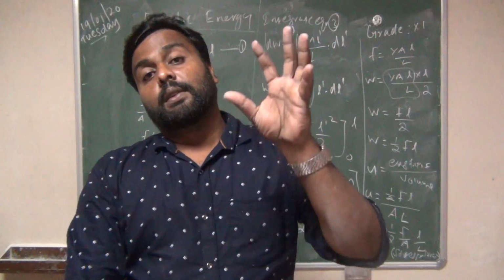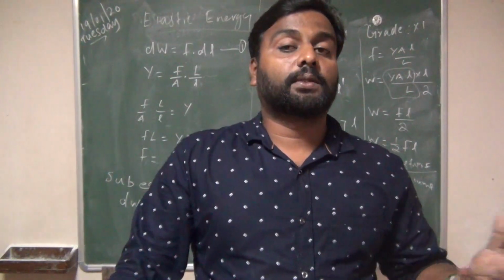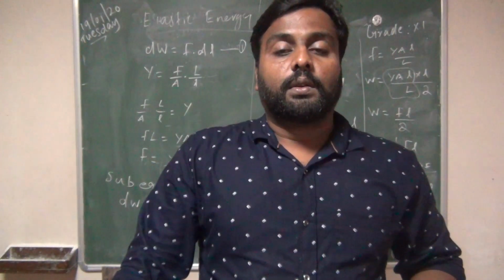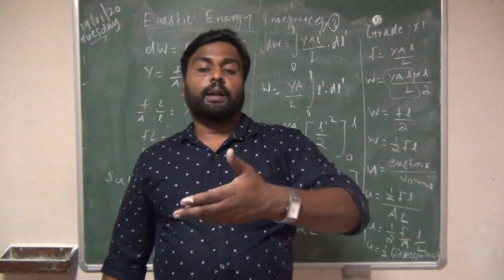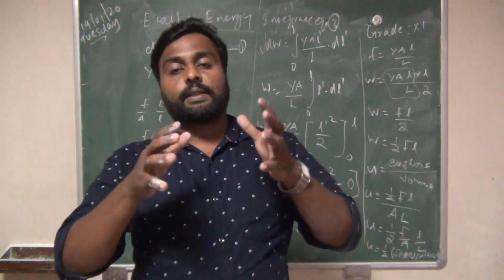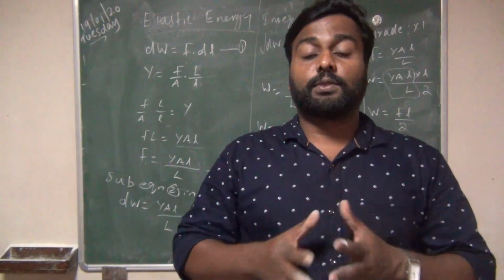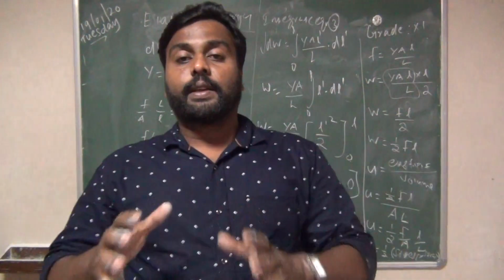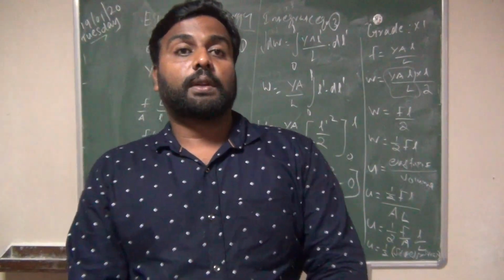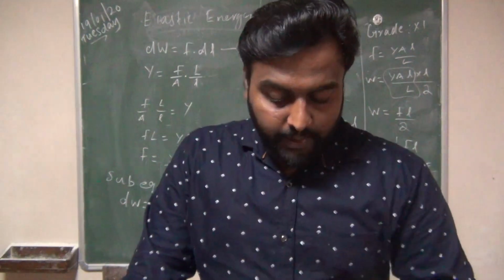That's why iron is used in the construction field for concrete and so on. Then aluminum is used for making vessels, because its bending is more, and its Young's modulus value is less. So it is very important to know the Young's modulus values for each and every material.